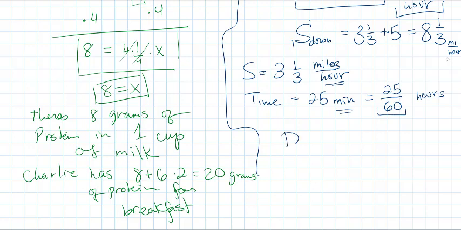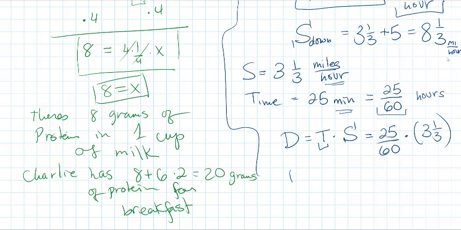So her distance, now we can write it out using the distance, remember, is the time times the speed. So her distance equals the time, now 25 divided by 60, times the speed, 3 1/3 miles per hour.